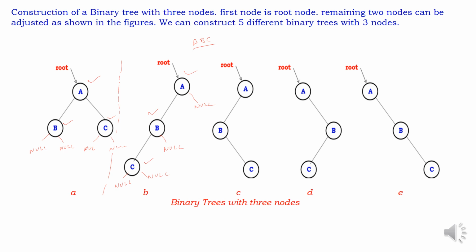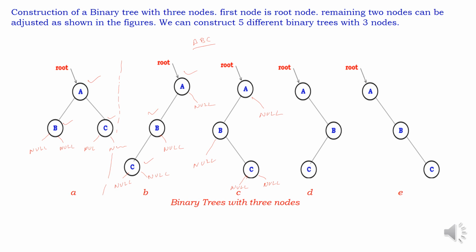Or there is another possibility: A is root node, B is its left subtree, and C is right of B, where left of B is null, right of A is null, left of C is null, and right of C is null. Now this is also a binary tree where A is root node. It is having two subtrees, B, and right is null. Null you can also consider as a binary tree.